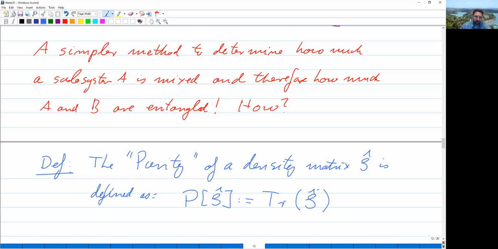But we are taking the trace of the square of the density matrix here. That may not be 1.